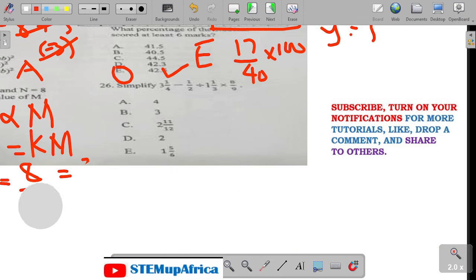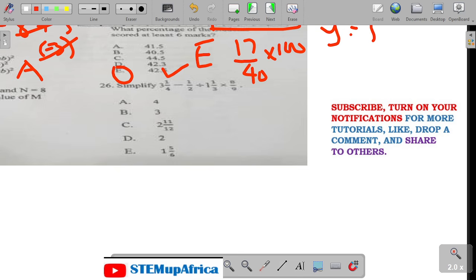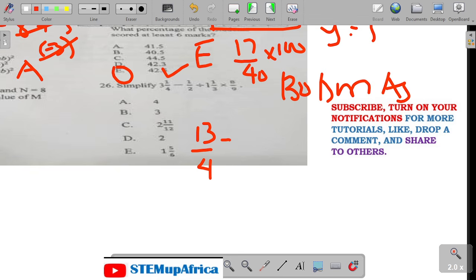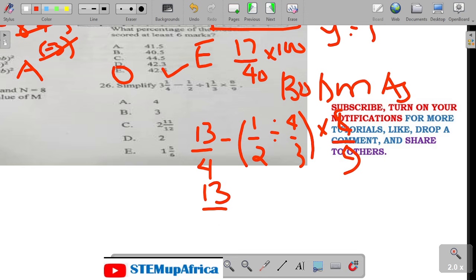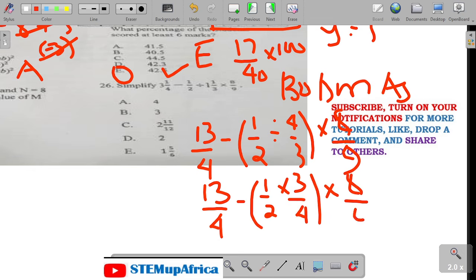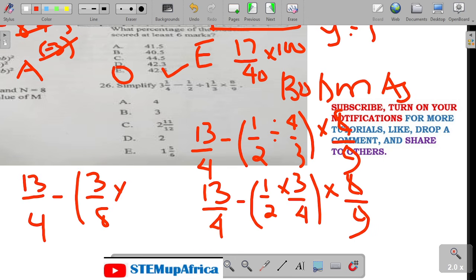Let me erase this part. We said we should simplify this. We need to apply the concept of BODMAS, division first. So I'm having 13 over 4 minus 1 over 2 divided by 4 over 3 times 8 over 9, which is 13 over 4 minus 1 over 2 times 3 over 4 times 8 over 9, which is 13 over 4 minus 3 over 8 times, after division go to multiplication, 8 over 9.